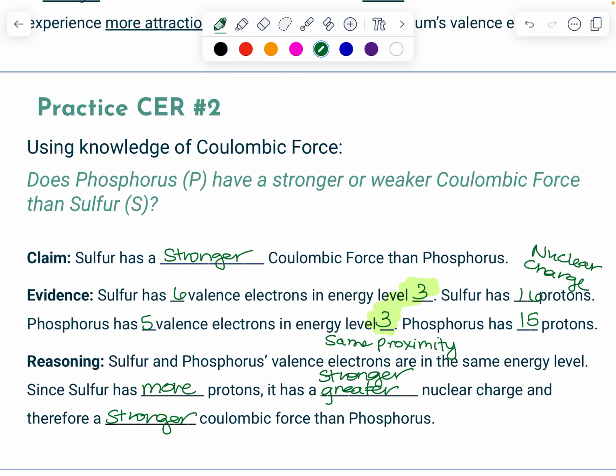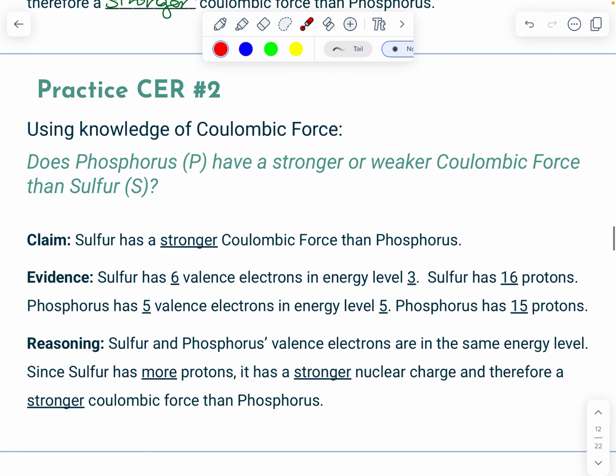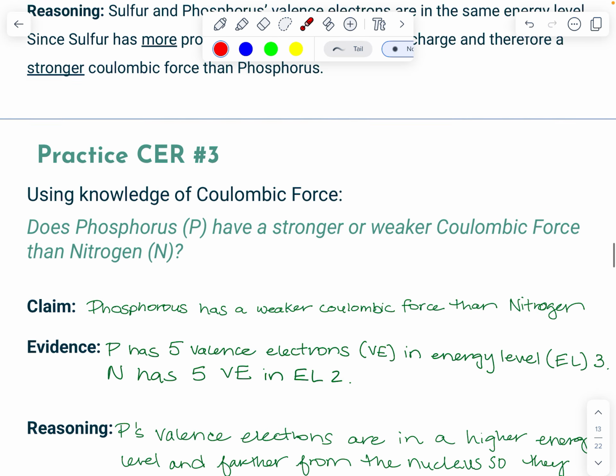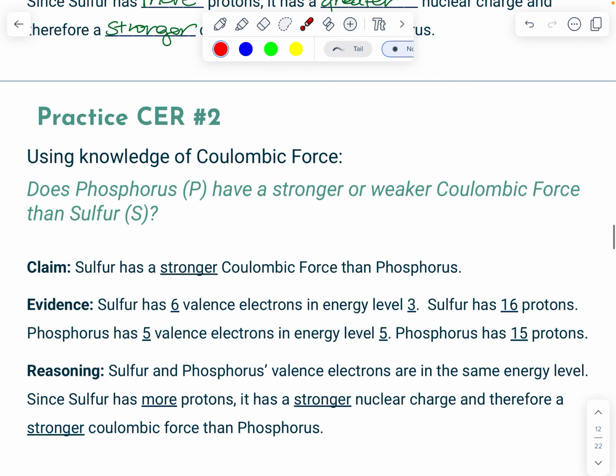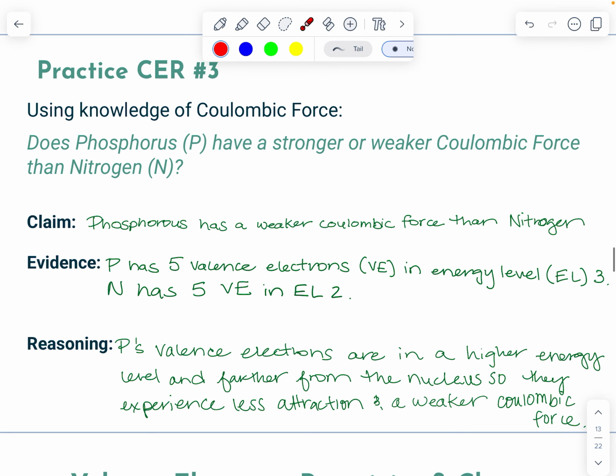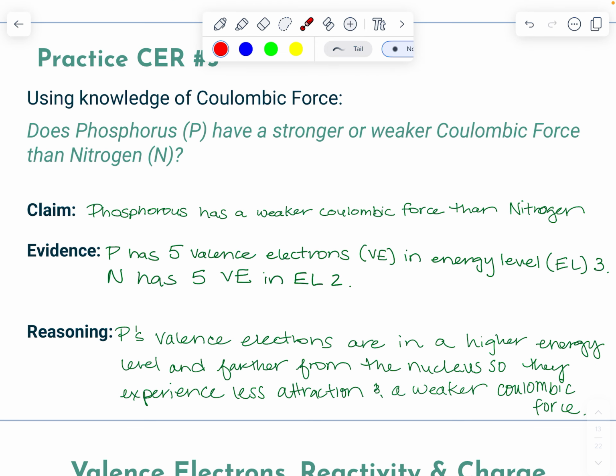So more nuclear charge is going to be a stronger force. Less nuclear charge is going to be a weaker force as long as those energy levels are the same. If those energy levels are different, we're going to use the energy levels. All right, take a minute and try number 3 on your own, and then come back, and here's my answer.